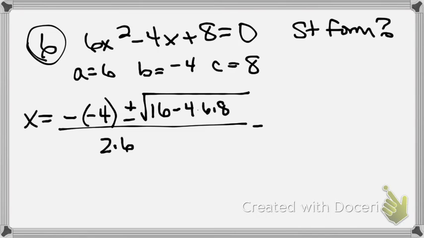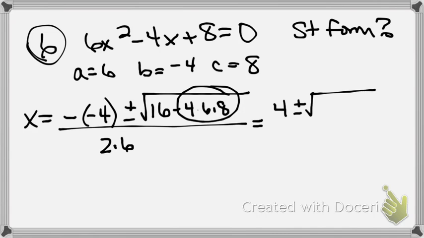So this is going to simplify to a 4 out front plus or minus. What does this little piece right here equal? It's 4AC. Where I wrote A, that's a 6, and C is 8.